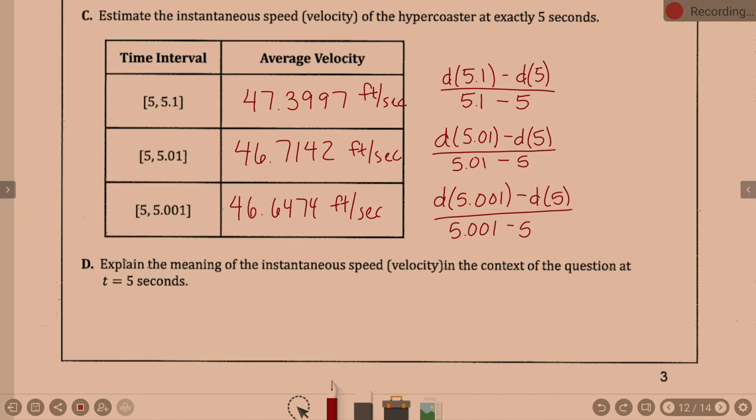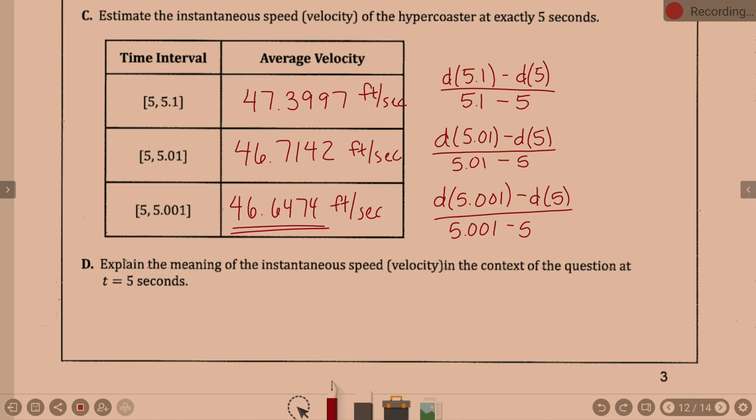We have these values, but what does this mean? Our instantaneous speed is about that, and we can keep going and get more and more specific.